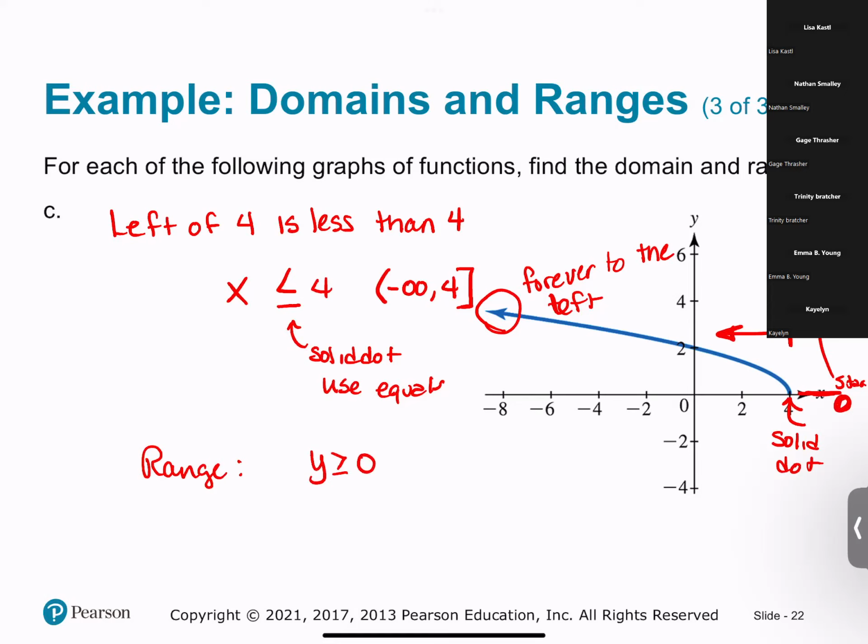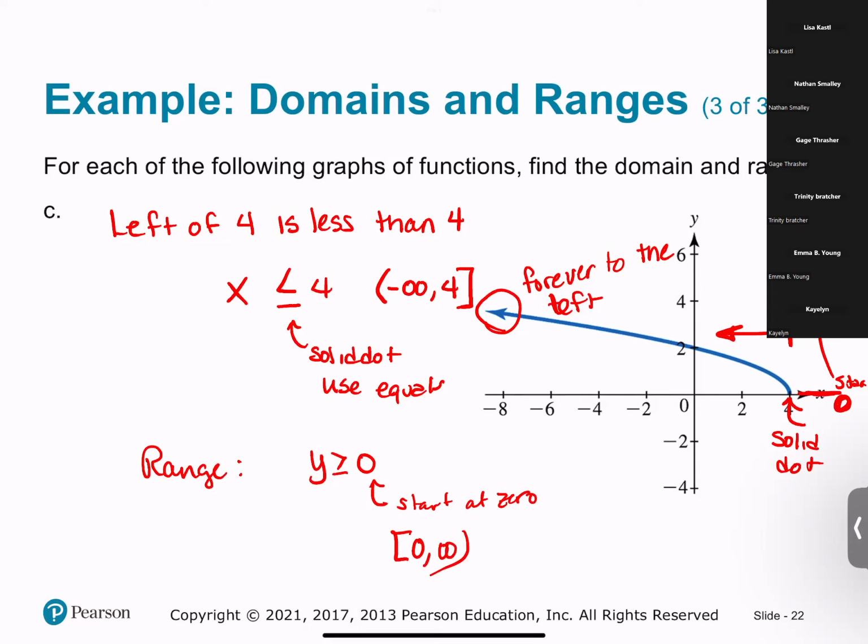So anything above the x-axis or on the x-axis is going to satisfy this. Anything from 0 to infinity. So any y value that's greater than or equal to 0. And the way we write that in interval notation is we start at 0, and then we continue on forever, and we use infinity.